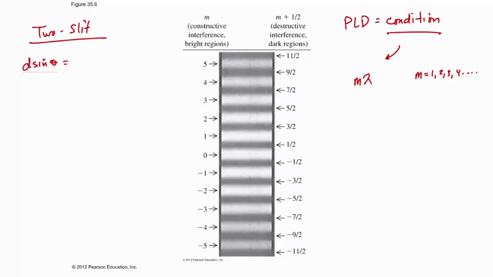Let me see if I can help you picture this by drawing sine functions. I'm going to draw a sine function up here, the top one right there, okay? A full wavelength of this sine function is the peak to peak distance, right?